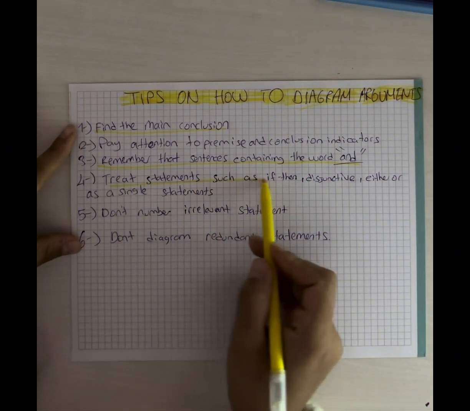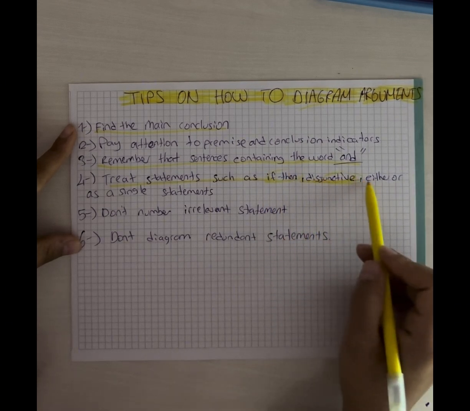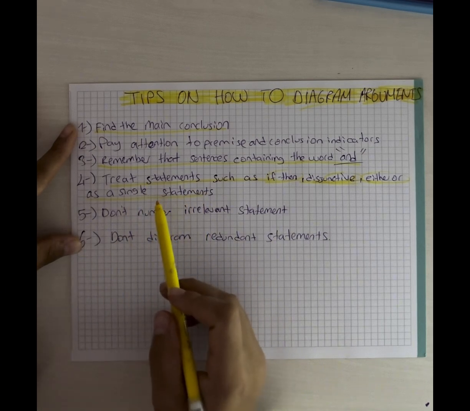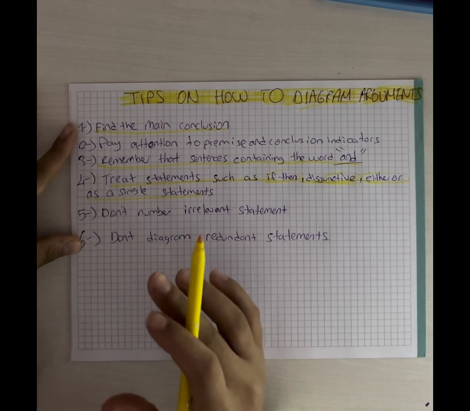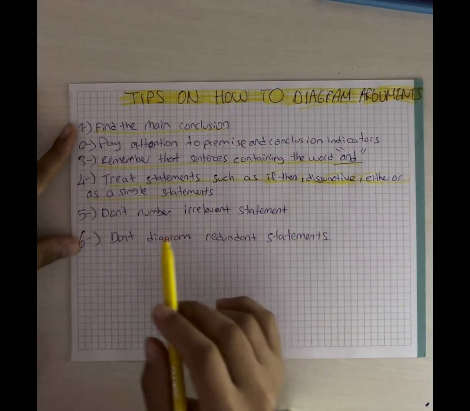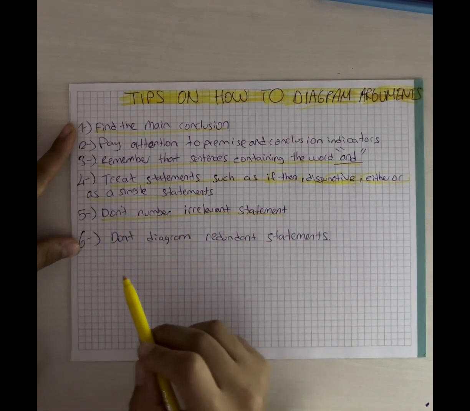Treat statements such as if-then, either-or as single statements. These statements assert a single complete claim, so they should be diagrammed as a single unit. Don't number irrelevant statements.